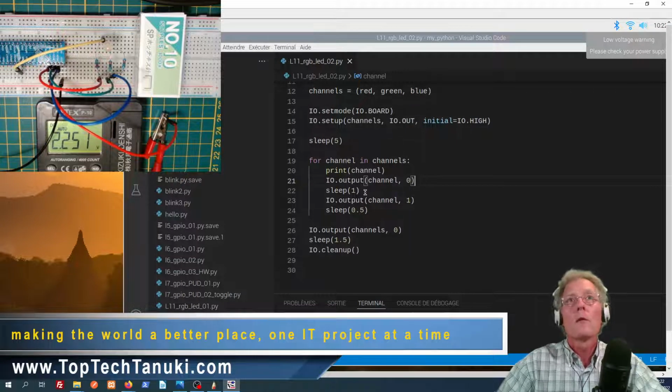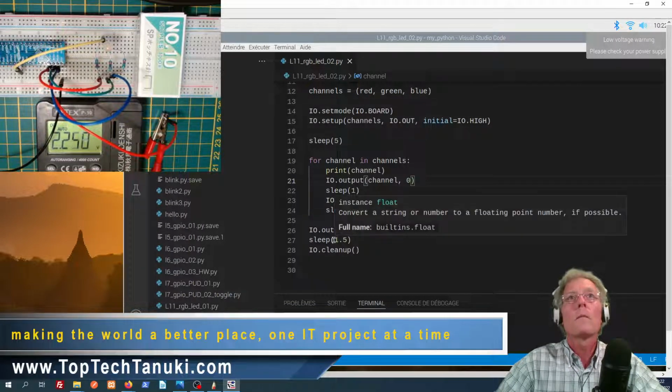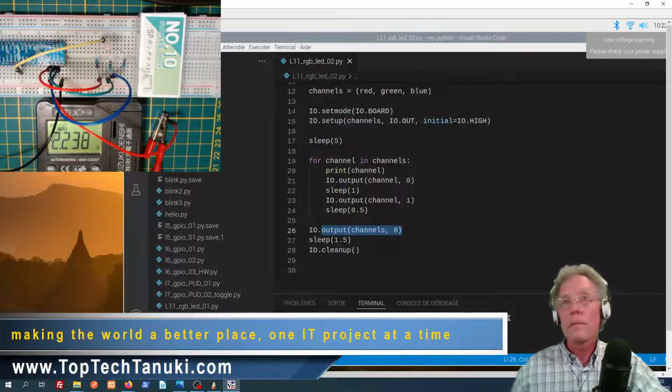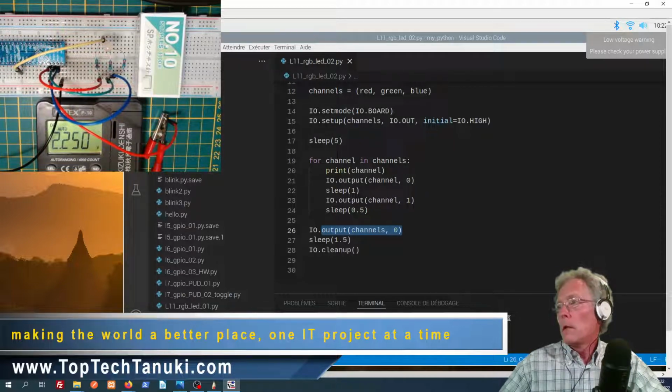So, sleep 1 just to see something happen, and then back to 1 just to cancel the signal. And then after looping, I just activate all 3 channels, setting the level to 0, which will light up the 3 inner LEDs at the same time.